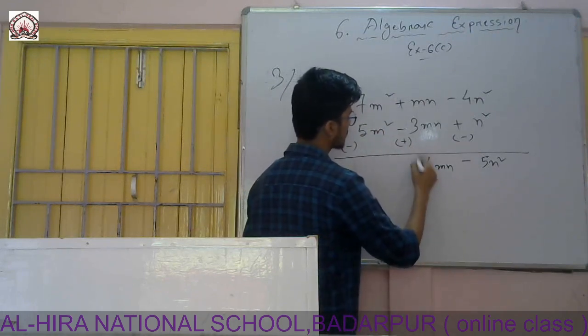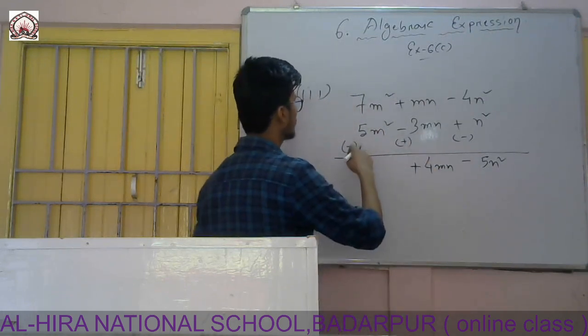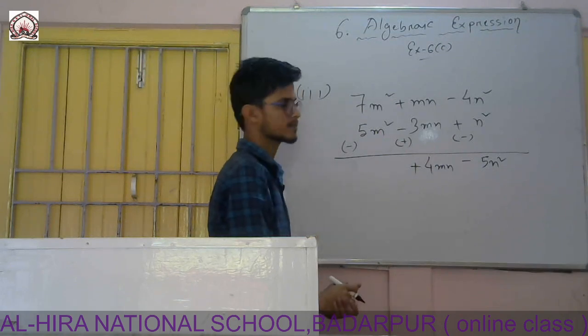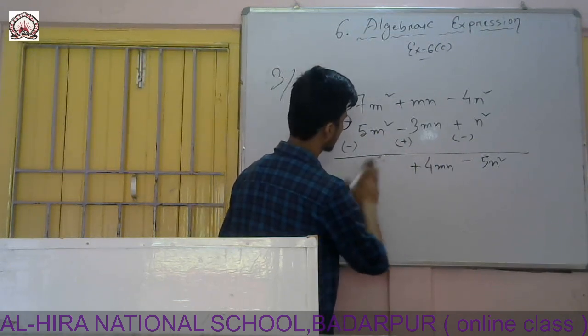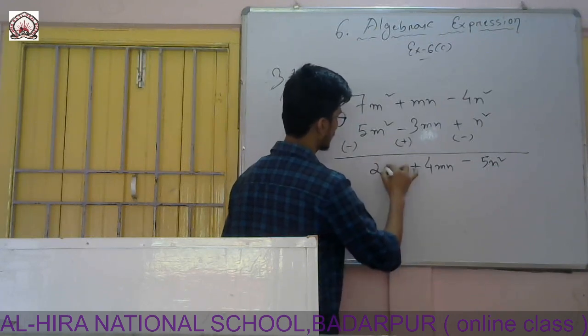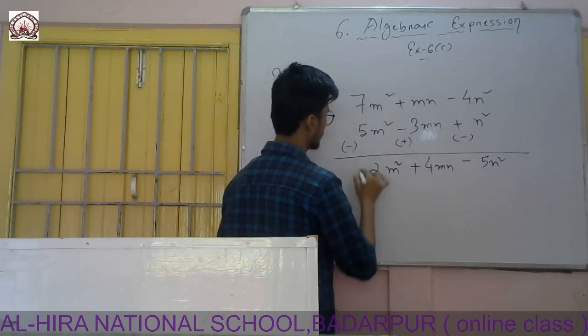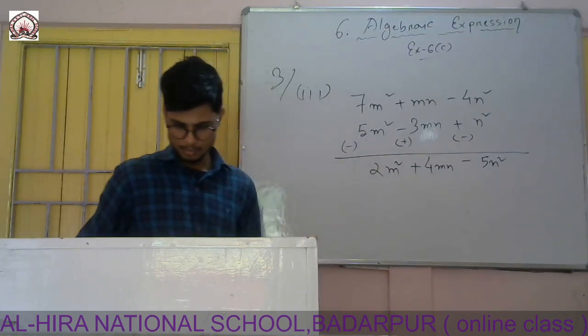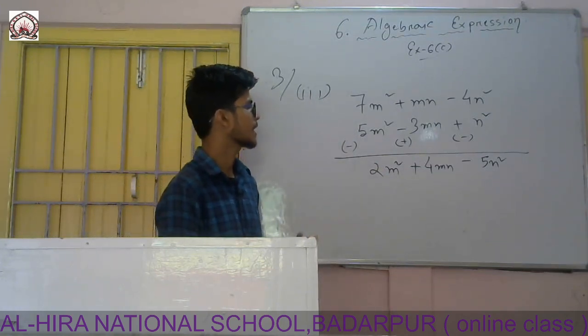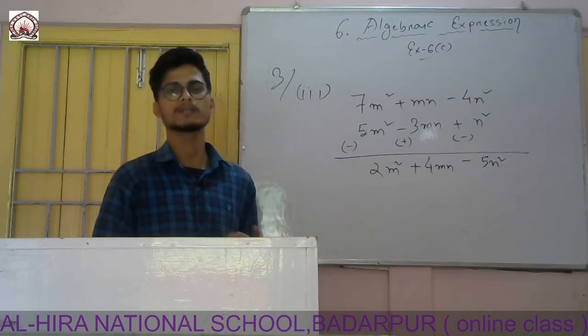And there plus sign since 3 is greater. And in this case, plus minus it will be minus. 7 minus 5 is 2, and the variable will be m square, and 7 is greater, so it will be plus. So 2m square plus 4mn minus 5n square.